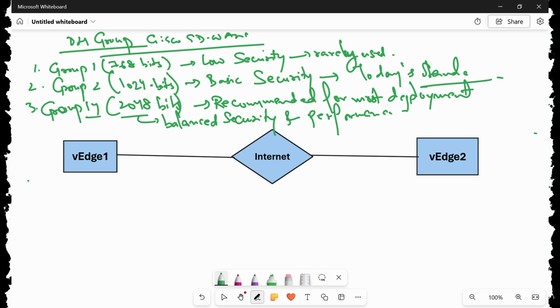So the fourth one will be group 19. This group 19 has 256 bits, and it uses elliptic curve Diffie-Hellman, which is ECDH.